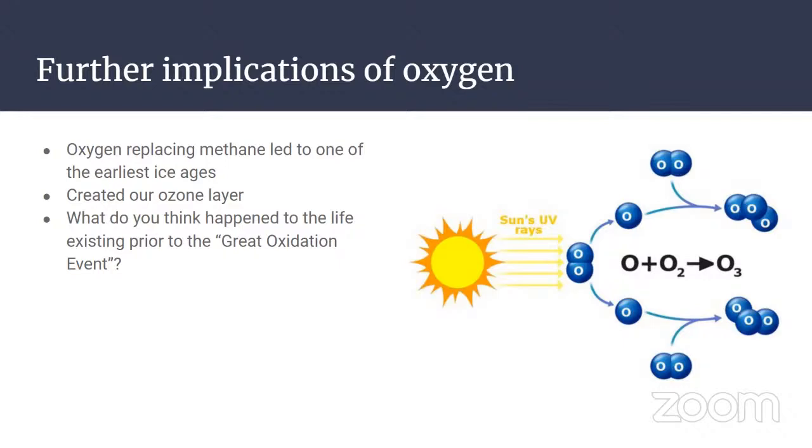So I'm going to tell you that for things that don't breathe oxygen, oxygen is kind of poisonous. Oxygen is reactive. So one of the things that we interpret as happening around the same time is that for things that weren't making the oxygen, we end up with not one of our named extinctions, but we suspect that this would have created a big dying off of a lot of the early prokaryotes, a lot of the early cellular life that hadn't developed photosynthesis and the ability to tolerate oxygen.